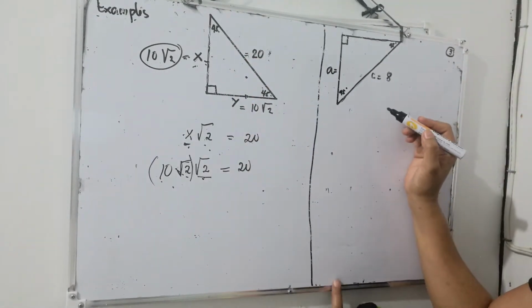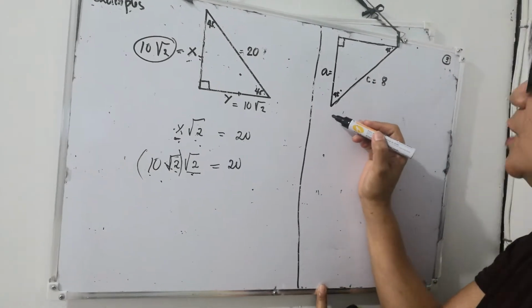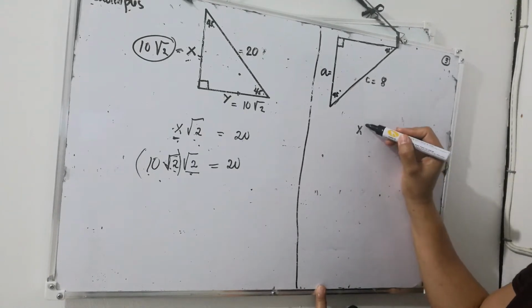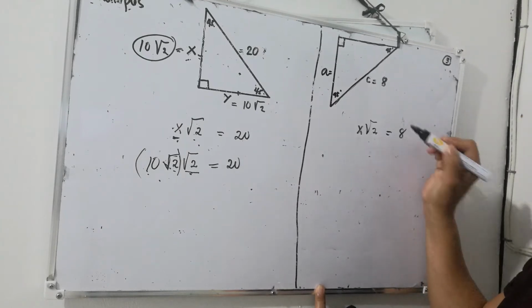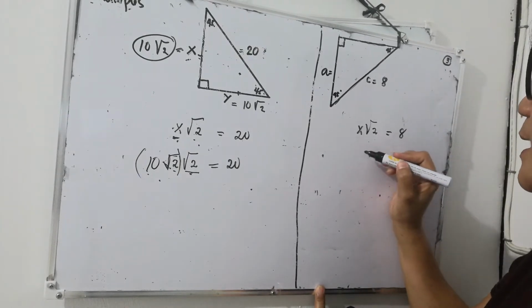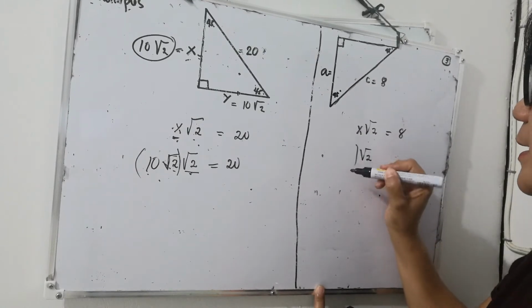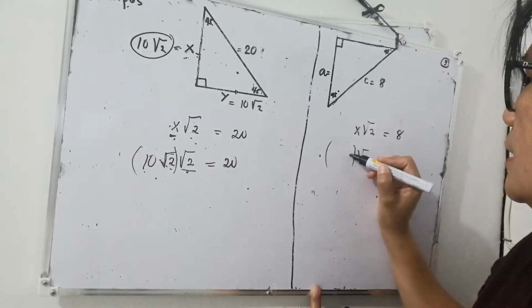Okay, another one. So, ganun ulit. Given yung hypotenuse, so ano yung imumultiply natin sa square root of 2, no? Para maging 8. So, kailangan mag-isip tayo ng number, no? Ayan. Ano kaya i-multiply natin sa square root of 2? Okay?